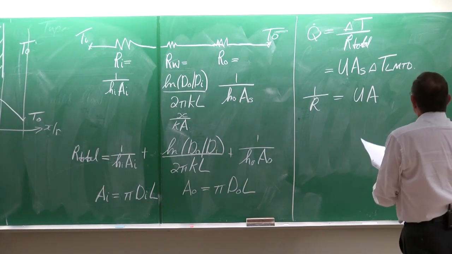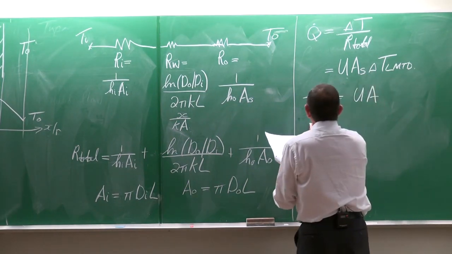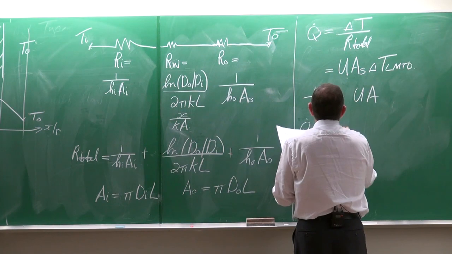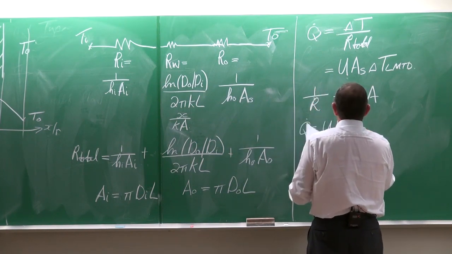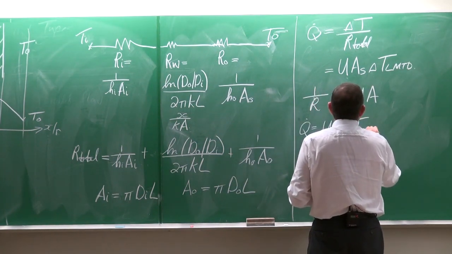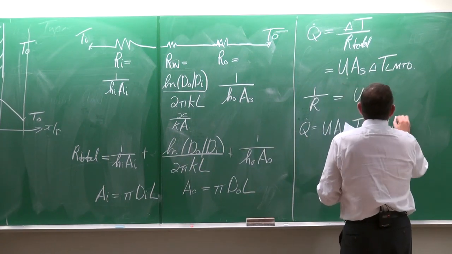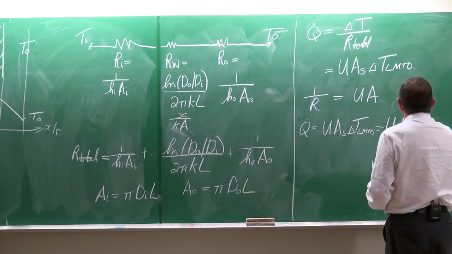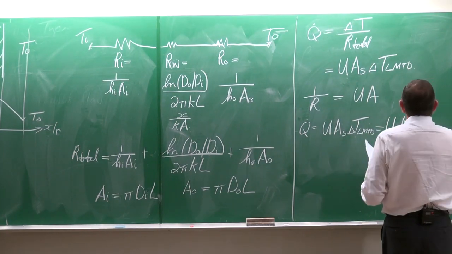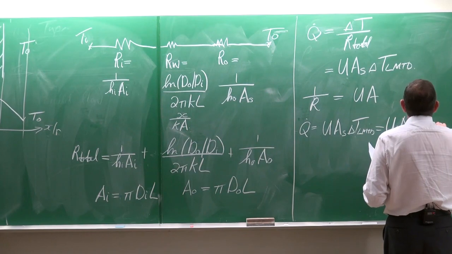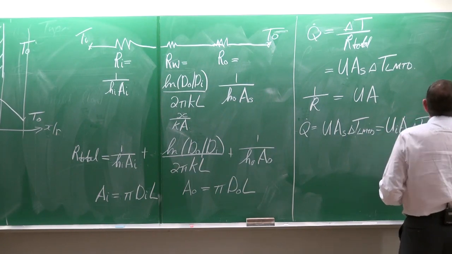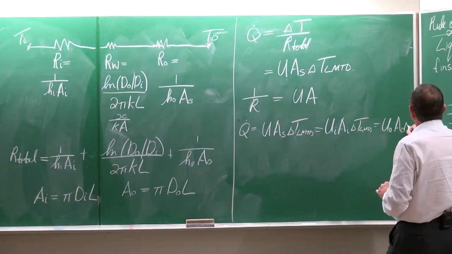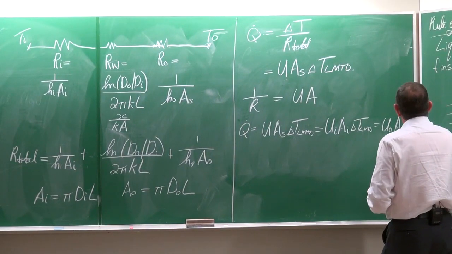Which is now a little bit confusing is that we can also say that the heat transfer rate is equal to U multiplied by one or other surface area multiplied by LMTD, which is equal to the overall heat transfer coefficient on the inside multiplied by the area on the inside multiplied by the LMTD, which is equal to the overall heat transfer coefficient on the outside, the area on the outside, and LMTD.